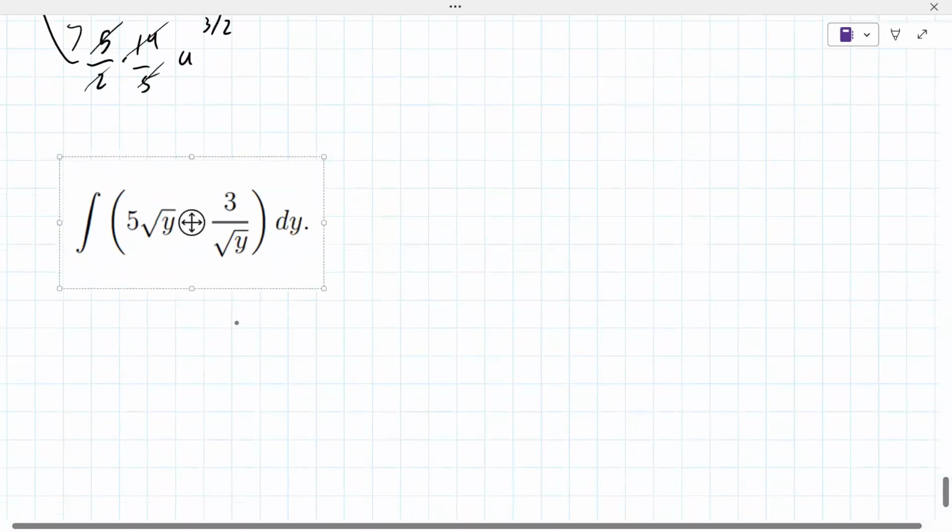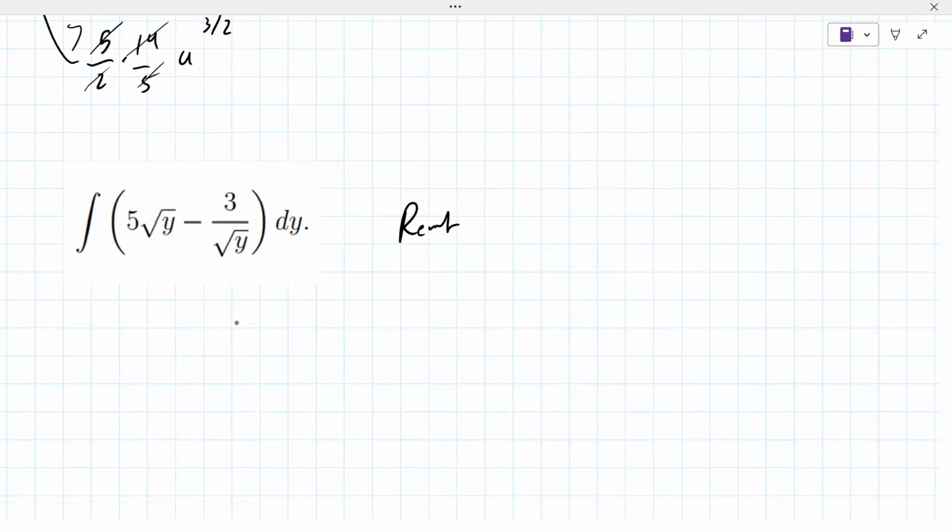So there's a rewrite step here, that's what I'm mostly interested in.